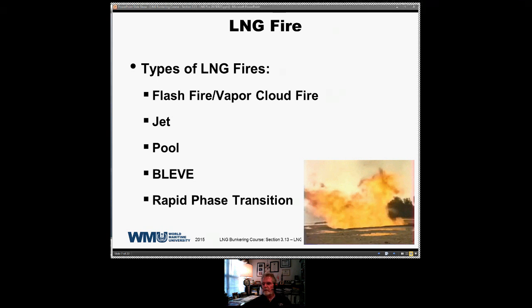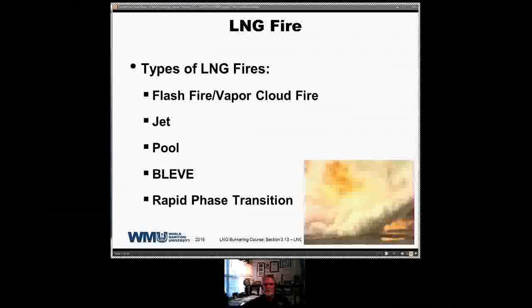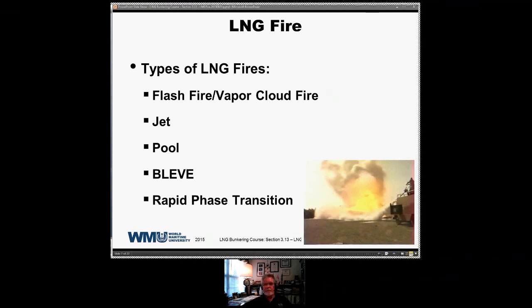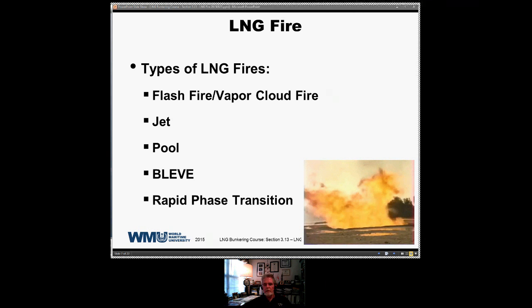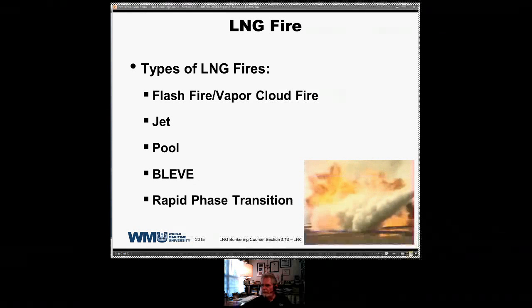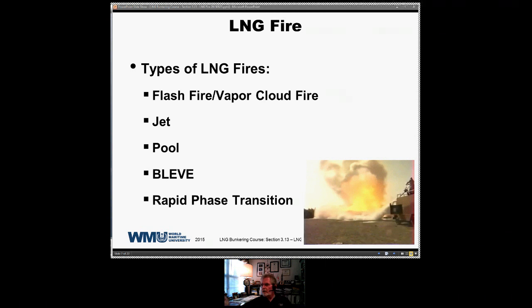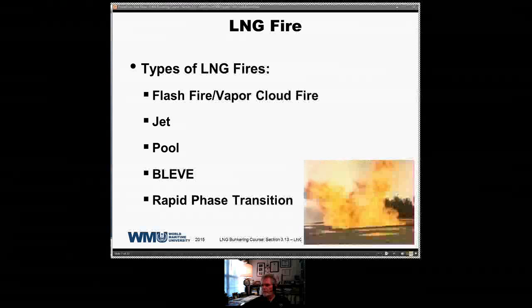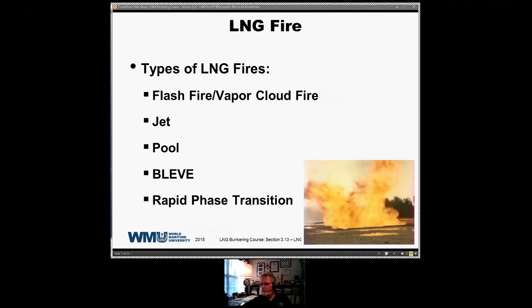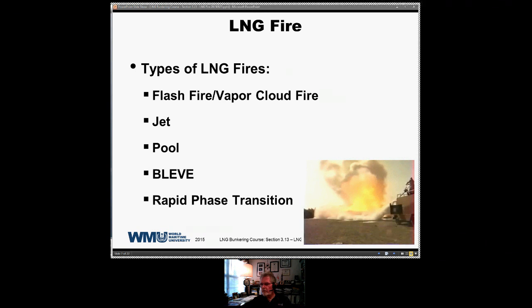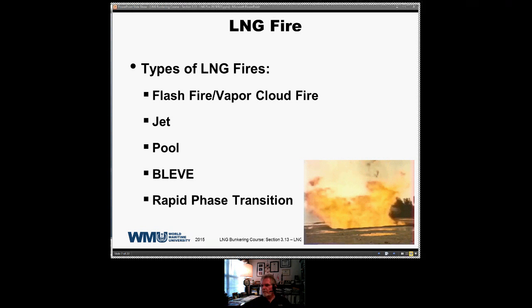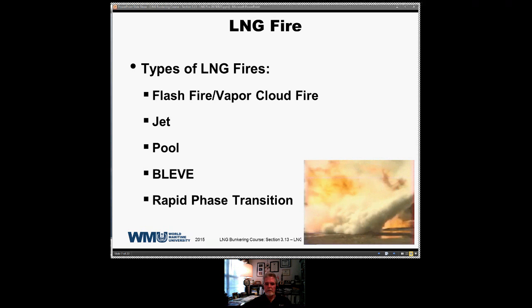When it does that, the liquid absorbs the heat from the water and vaporizes very, very rapidly. You get this concussion. It's not an explosion. It's not a fire. There happens to be a fire in this video, but that explosion that you see there is rapid phase transition, and that added the volume of vapor to the fire. Obviously, it intensifies the fire. I believe we'll have another picture of rapid phase transition a little bit further on in the presentation.